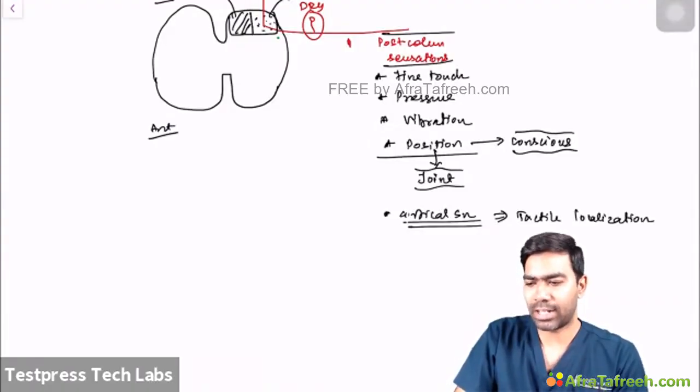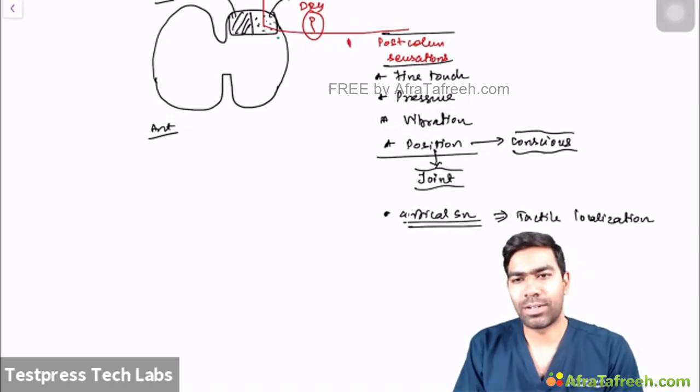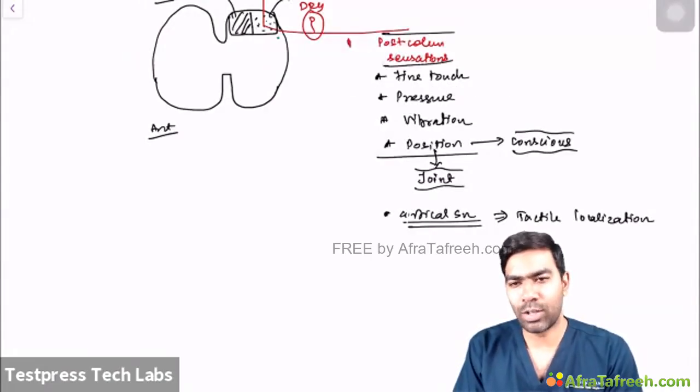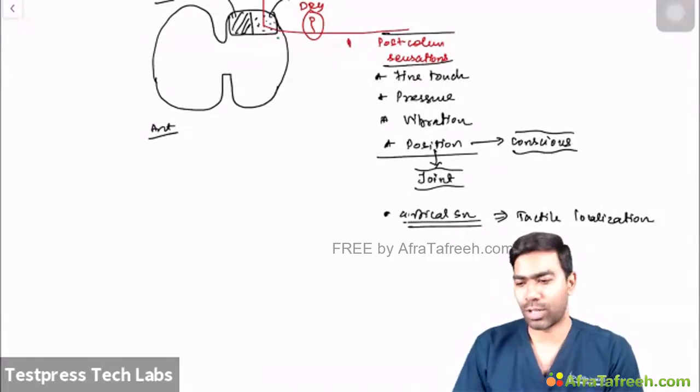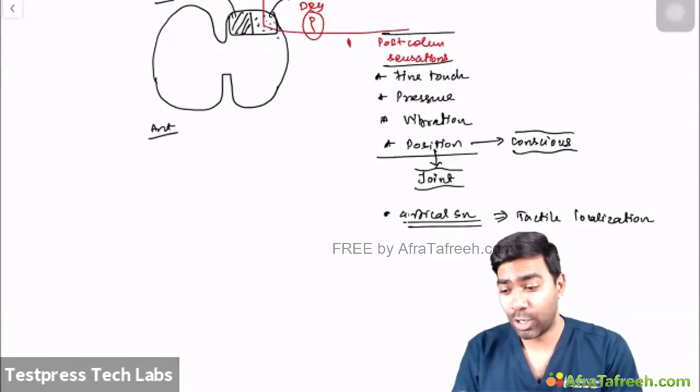What do you mean by tactile localization? Even if a mosquito bites in some unwanted place, even if you don't see the mosquito every time, you correctly go and hit it. That is tactile localization. You know where your body parts are, and you can exactly localize. That is what we refer to as tactile localization.